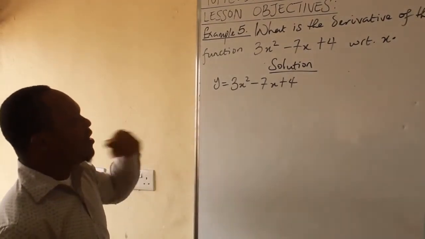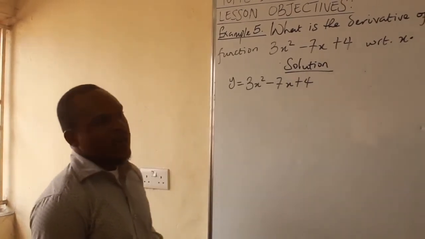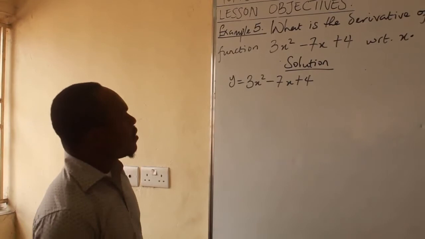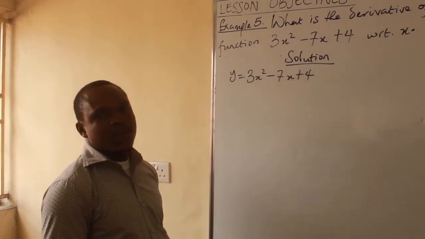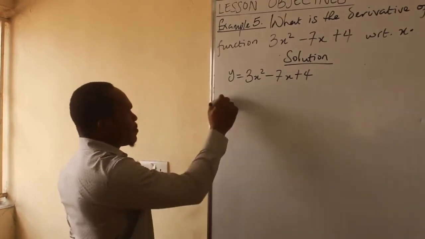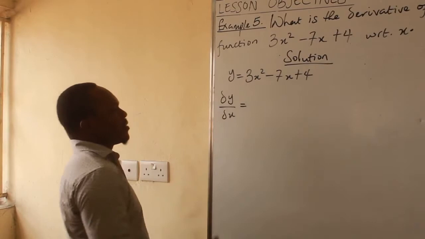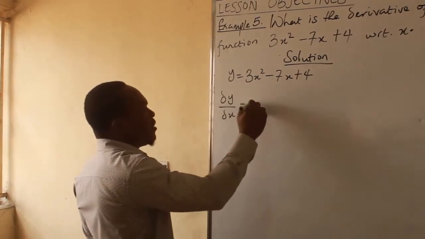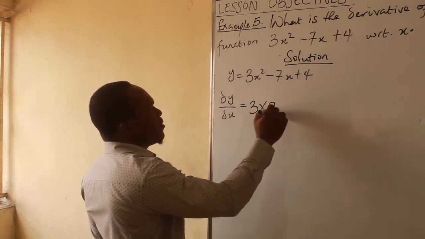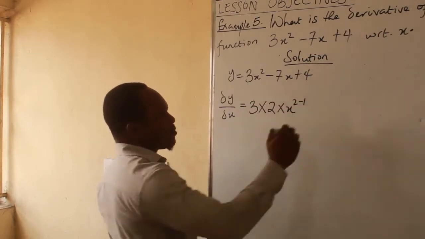But if you also observe here, we have 4 as a constant term. Why is it a constant term? Because the coefficient of x here is 0. So dy over dx will be differentiating this 3x squared on its own, which will be 3 multiplied by 2 multiplied by x raised to the power 2 minus 1.